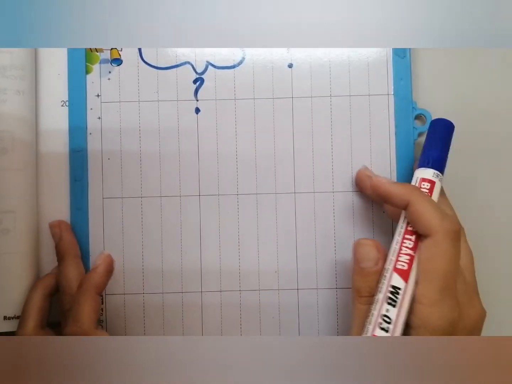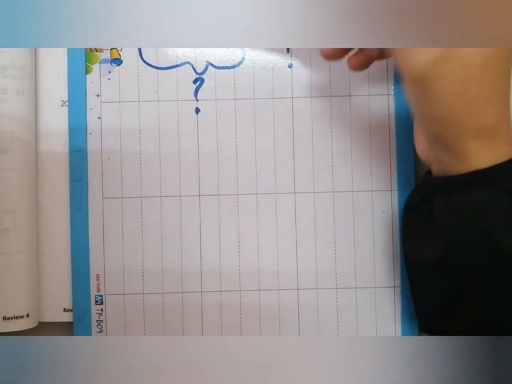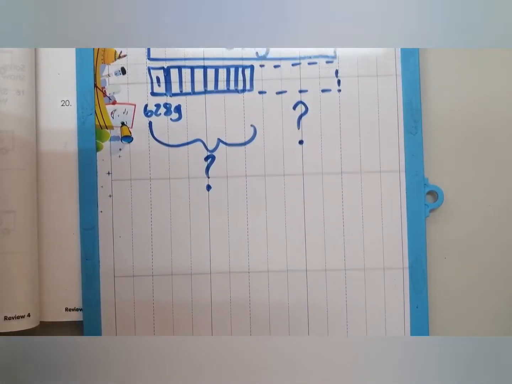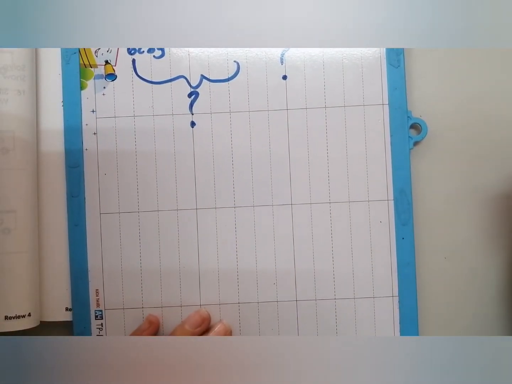Let's begin our first sum. If one notebook equals 628, we need to know how many 9 of them are.